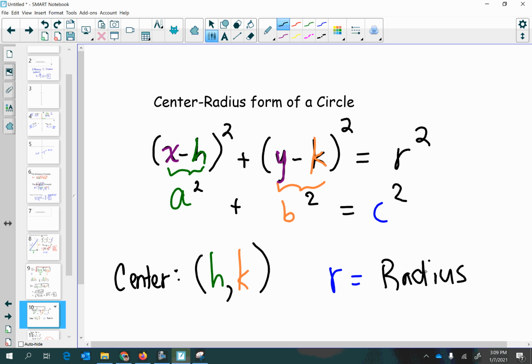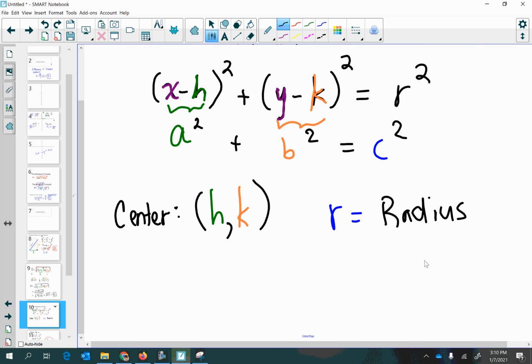Okay, and so any circle can be graphed if you know where to start the middle of it and how far out to make your radius. Once you have that, here's my center, if I know where that is on the coordinate system, and then I have my radius, however long it is, then I can keep that middle point fixed and just rotate that length all the way around to create a circle.